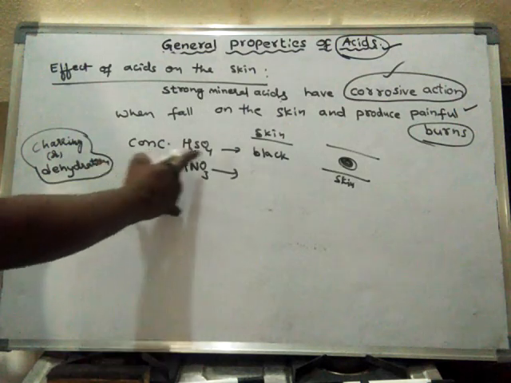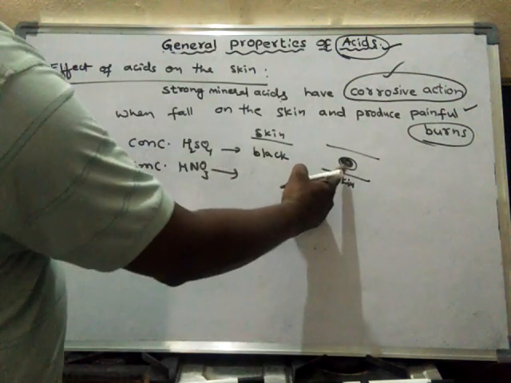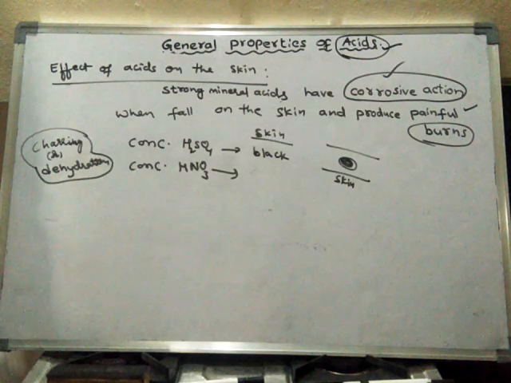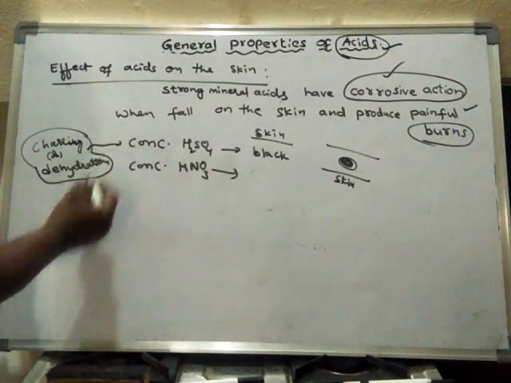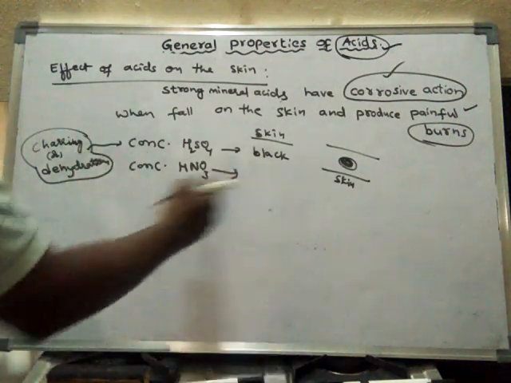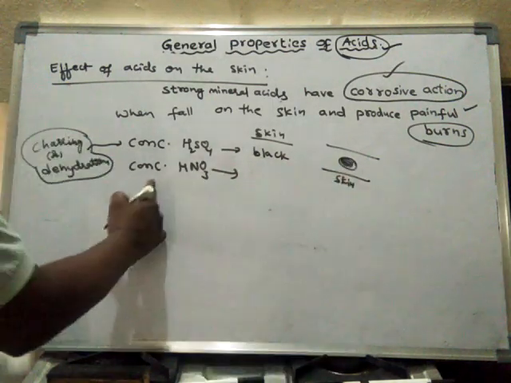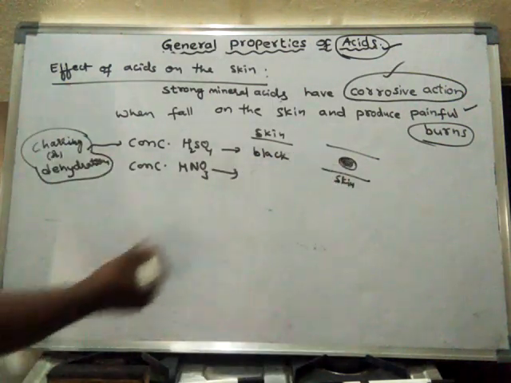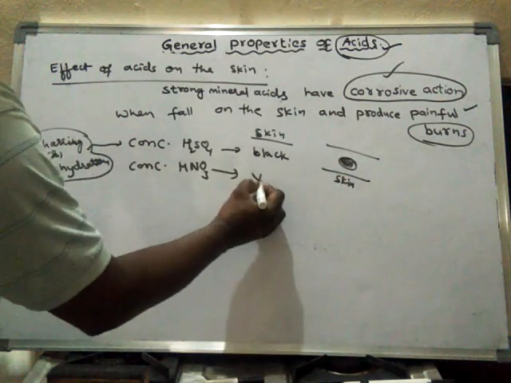When concentrated nitric acid falls on the skin, this area will turn yellow.